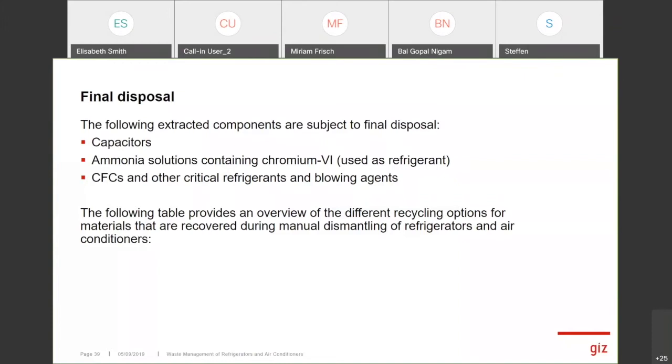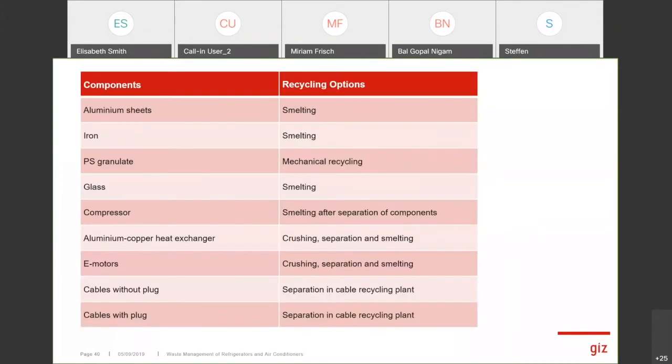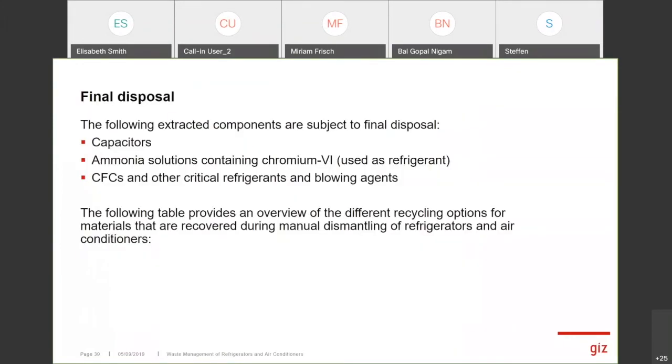And then CFCs or other critical refrigerants and blowing agents. The following table provides an overview of the different recycling options for materials that are recovered during manual dismantling of refrigerators and air conditioners.